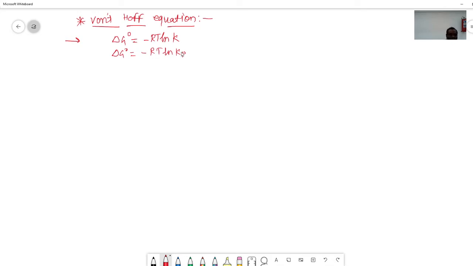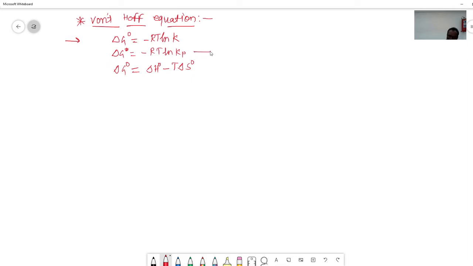Then we have already learned at the starting of this chapter that delta G0 is equal to delta H0 minus T delta S0. What is this delta H0? That is the standard enthalpy of the formation, and delta G0 is the standard Gibbs free energy.